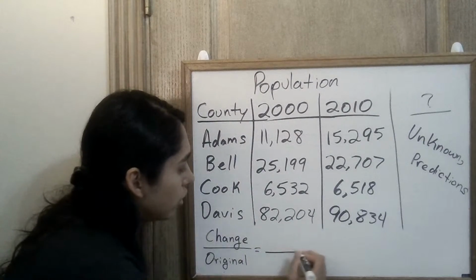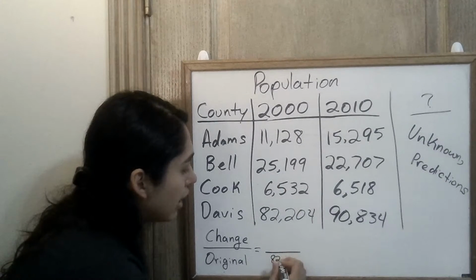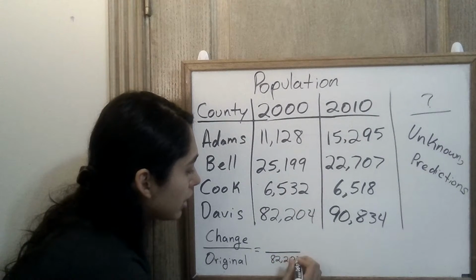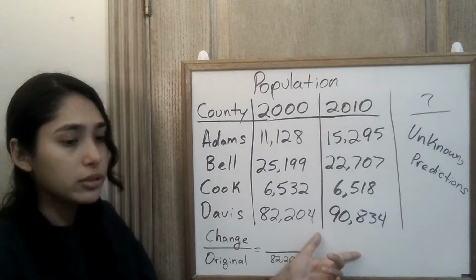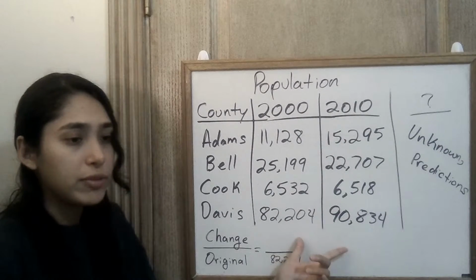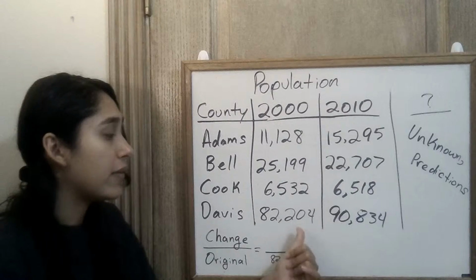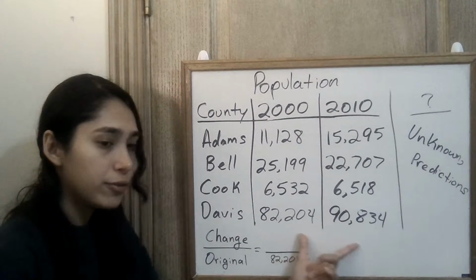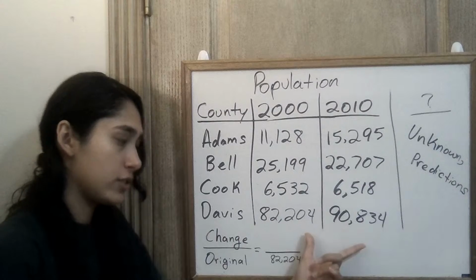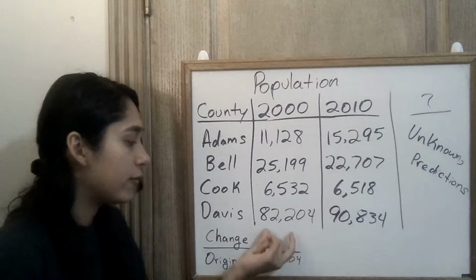So the population of 82,204 is going to be our original value. Now we want to know the change between these 2 years. We don't have that information readily available, but we have the before and after snapshot, so we can find the difference, keyword for subtraction, and find that value.